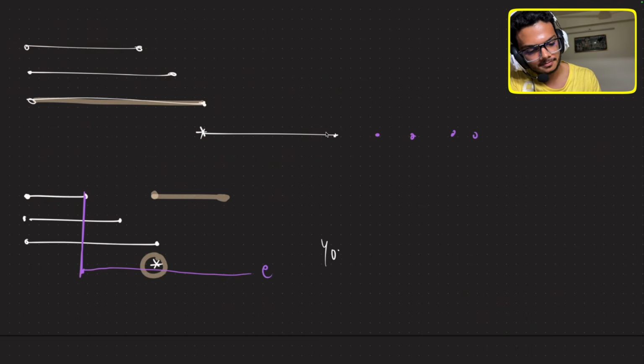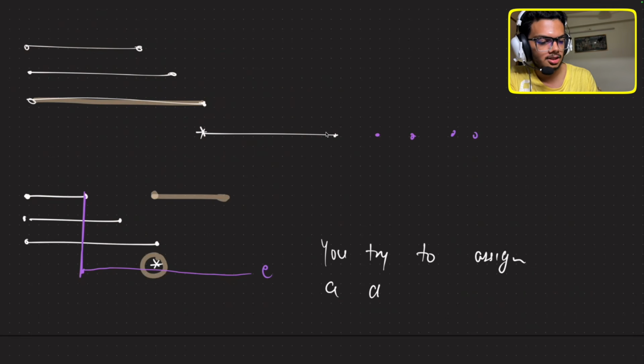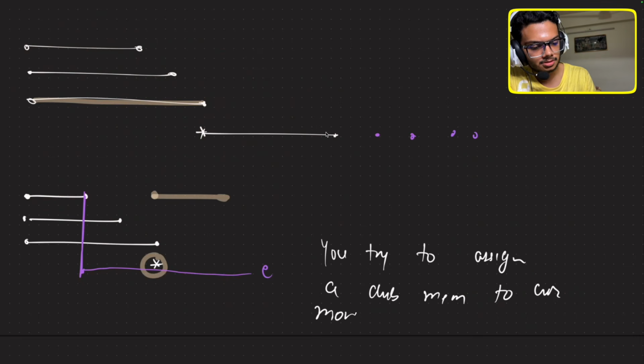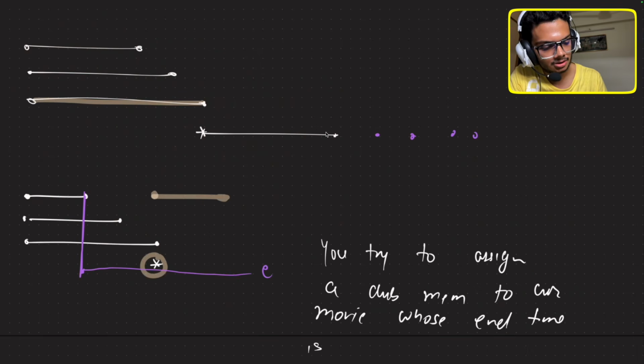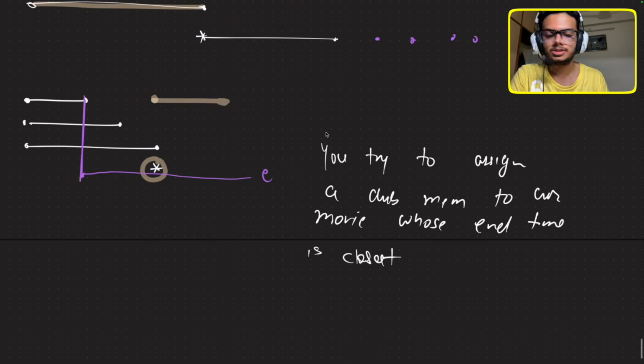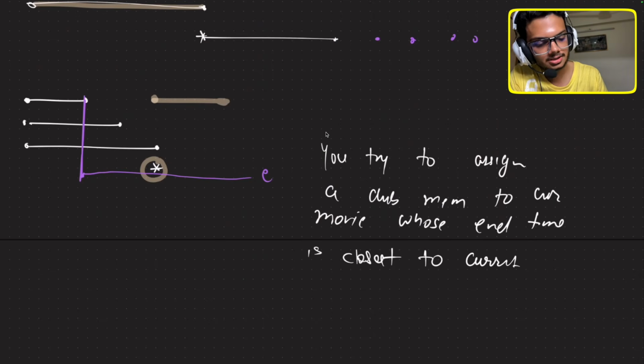You try to assign a club member to the current movie whose end time is closest to the current movie's start time.